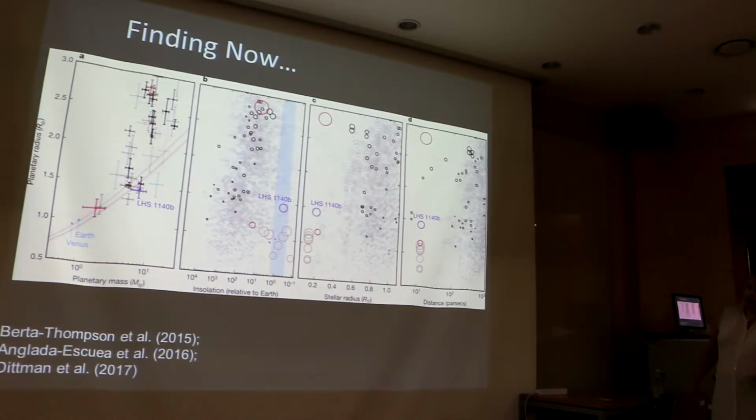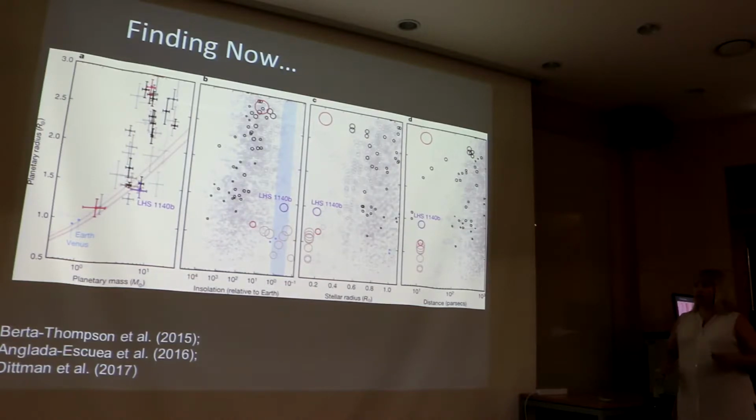We're not quite there yet, but we're very close. And these planets are around small stellar radius stars. The star is small too, and that means it will be easier to see the signal of the planet against the star. And they're also all close by, so these cool stars are not very bright, so they need to be close so that we can take observations of them.